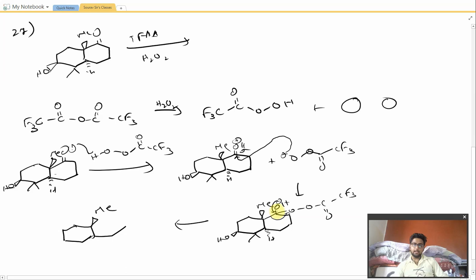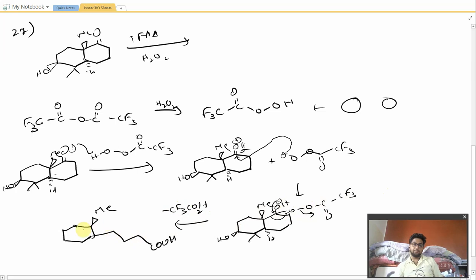Let me draw it a bit differently: 1, 2, 3, 4, and here you have this CHO group which is formed. When this molecule leaves, this bond is formed over here, and this molecule leaves as CF3CO2H. The H that comes is then attached to this one.